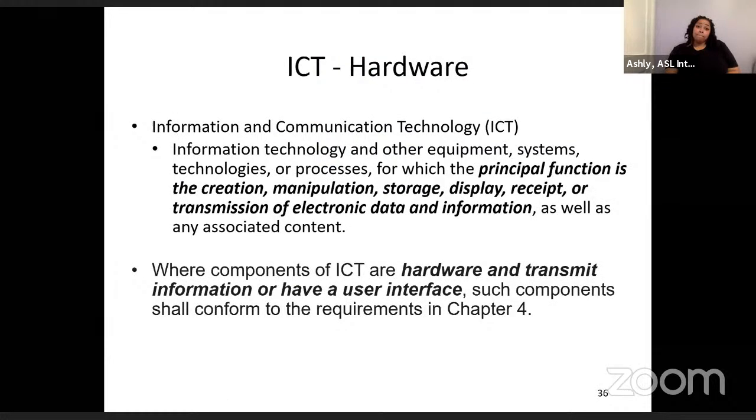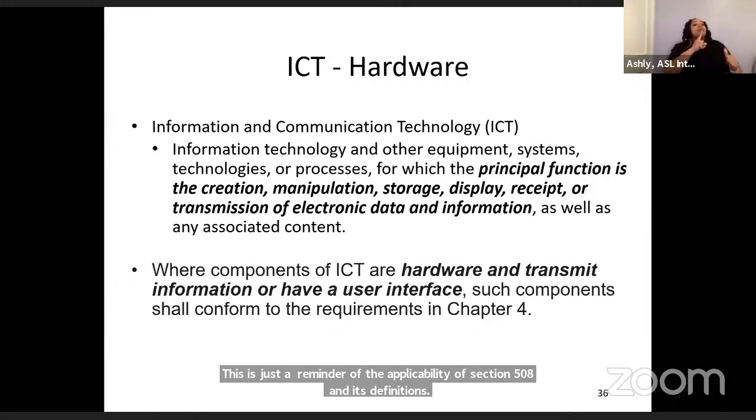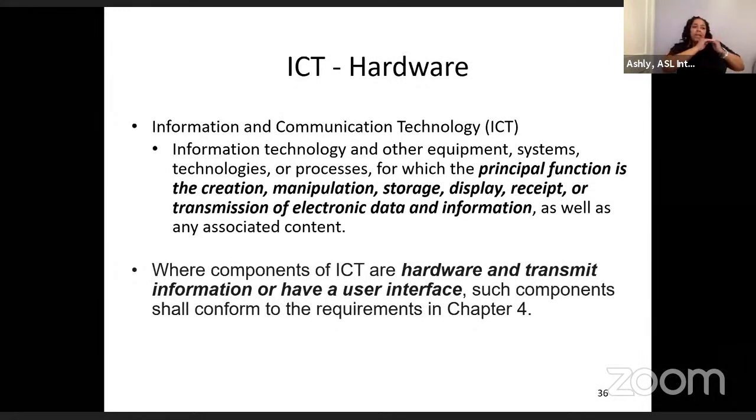Okay, slide 36. This is just a reminder of the applicability of Section 508 and its definitions. The first thing that needs to be determined if you're procuring, developing, maintaining, or using something is if it's ICT.